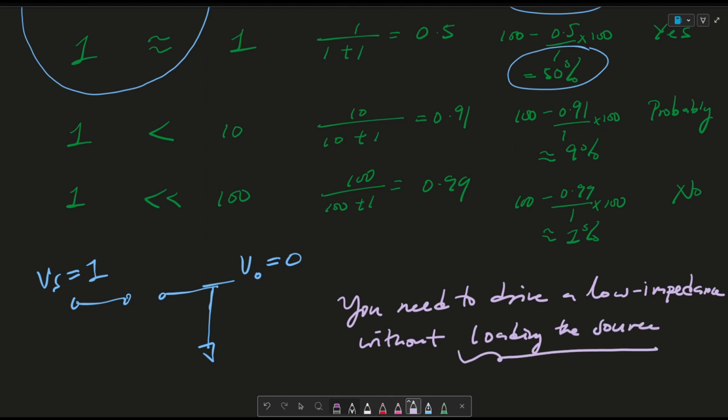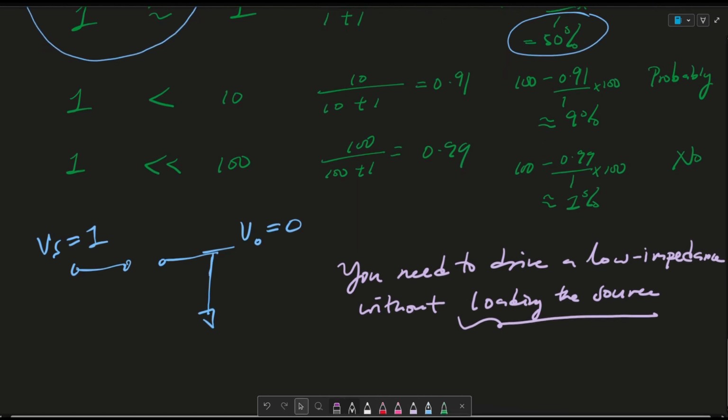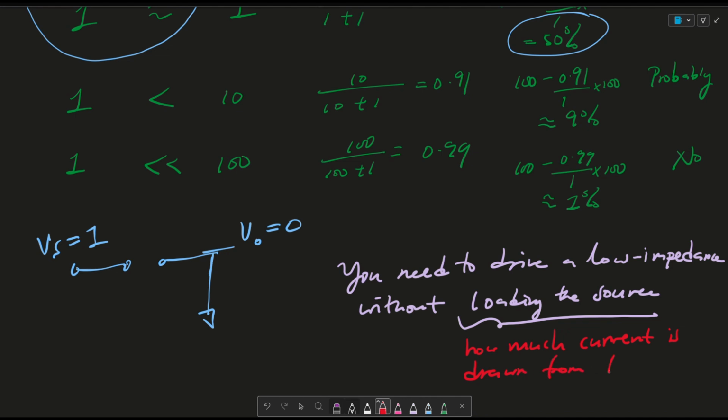And this loading term essentially comes from how much current is drawn from the source.